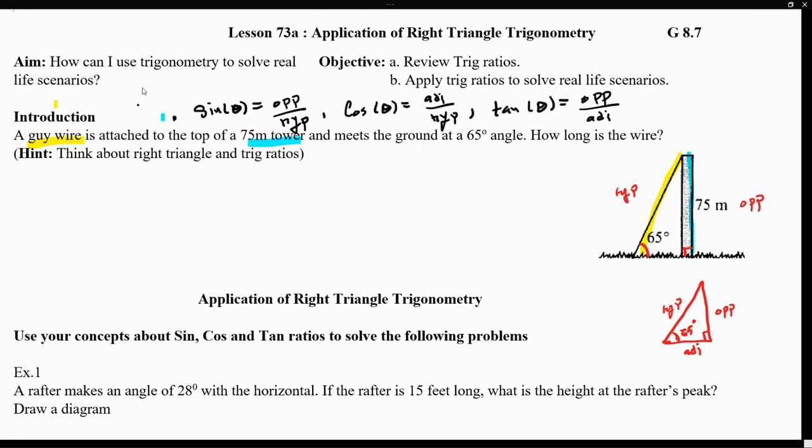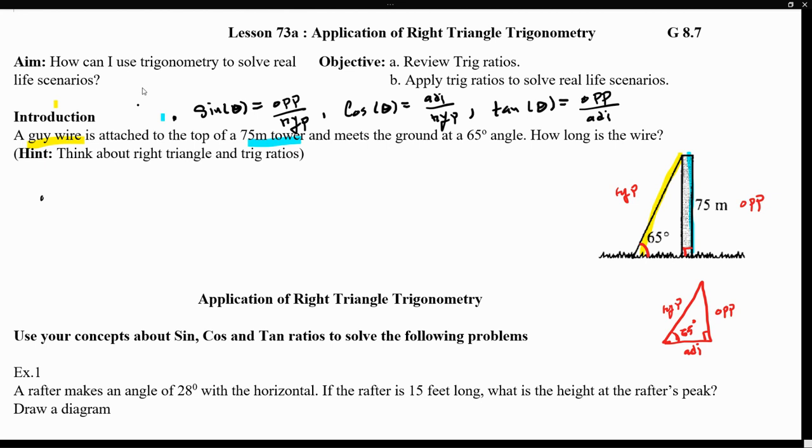We have the opposite and we want the hypotenuse. Of the three ratios, we definitely want the one defined in terms of the opposite and the hypotenuse, which is sine, because sine is defined as opposite over hypotenuse. We have the value of the opposite, and we want the value of the hypotenuse.